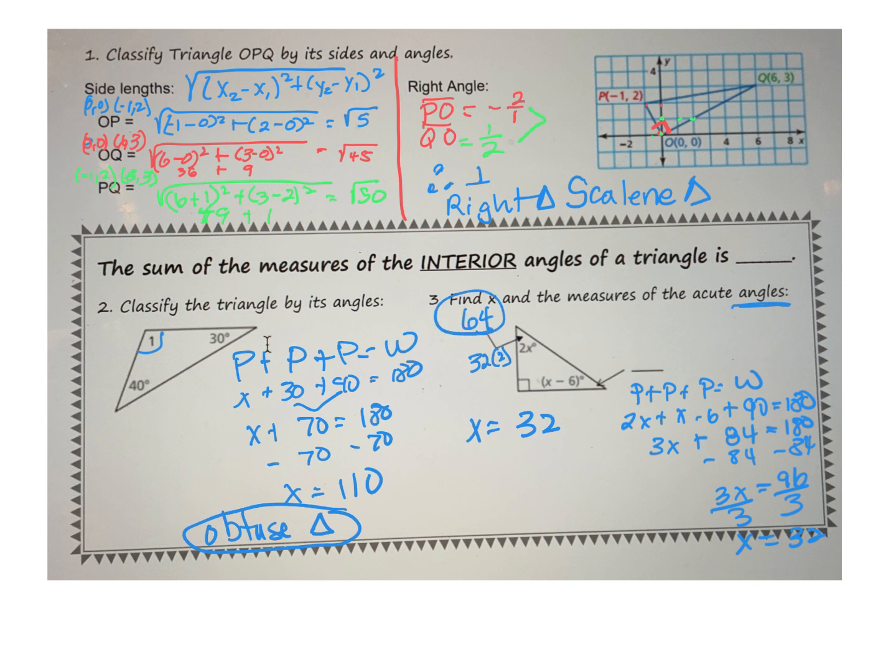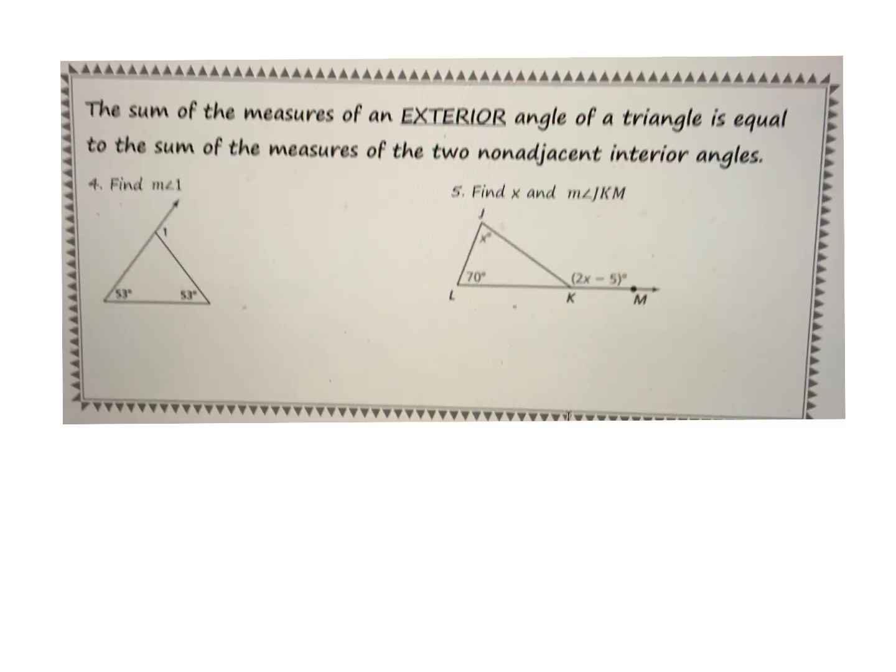And if I do this one, it is 32 minus 6, and that gives us 26. And so when you add all three of them together, the 90 plus the 64 plus the 26, that should give you 180 degrees.